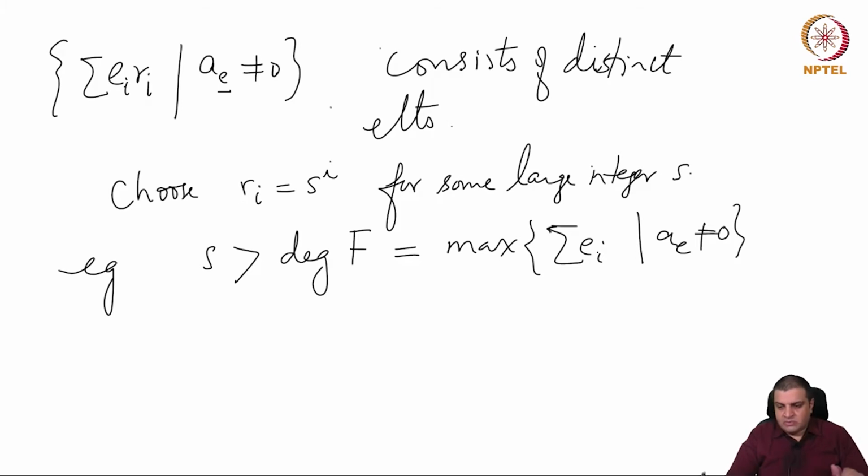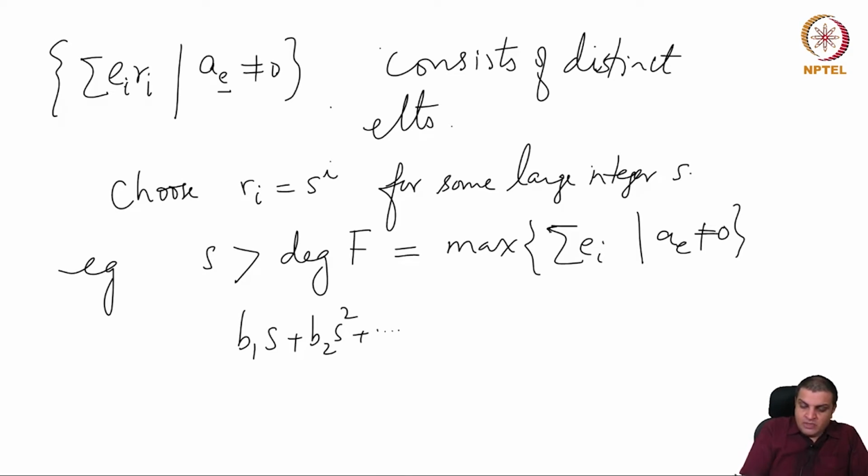So if you choose s large enough, then each one of these e_i will be strictly less than s, and then if you take something of the form, let's say b_1 s plus b_2 s squared up to b_n s^n, every integer which comes in that form will be different from some other b'_1 s plus b'_2 s squared and so on.